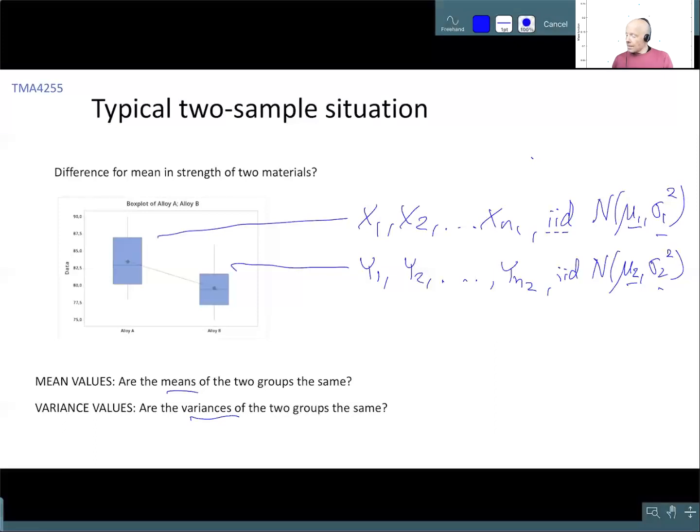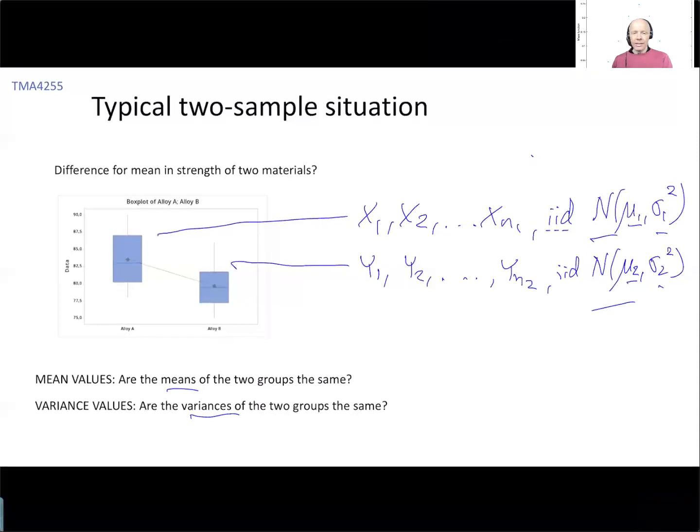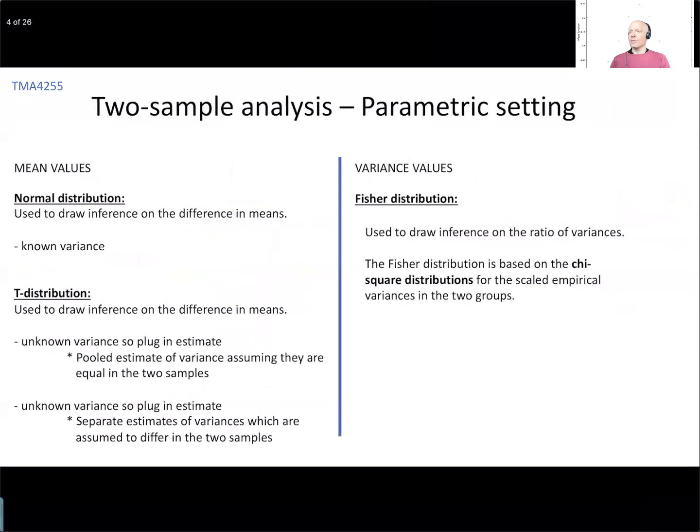If we make these standard assumptions of normal distributions, we make parametric assumptions. And this is fantastic because it gives us all this machinery of the normal distribution. We can have test statistics there, t-distributions, and we can do t-tests, either with pooled variance estimates or in other ways.